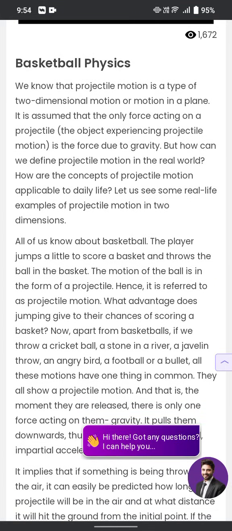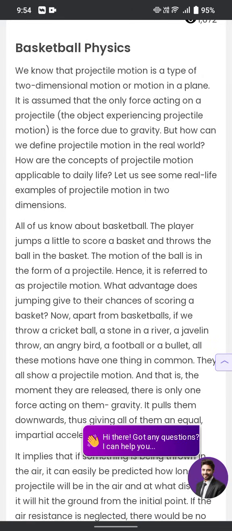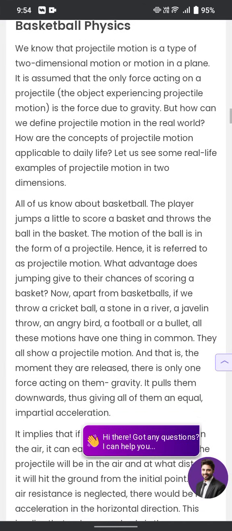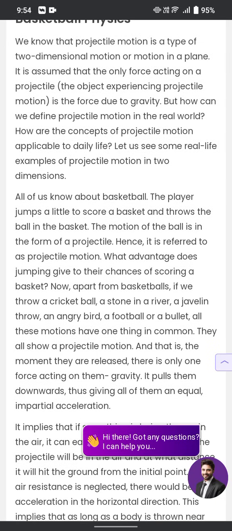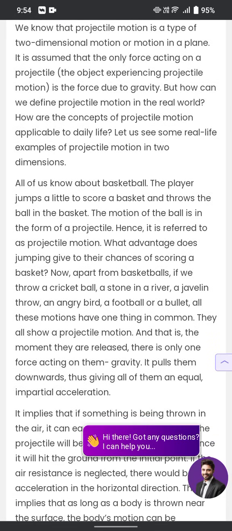We know that projectile motion is a type of two-dimensional motion, or motion in a plane. It is assumed that the only force acting on a projectile, the object experiencing projectile motion, is the force due to gravity. But how can we define projectile motion in the real world? How is the concept of projectile motion applicable to daily life?